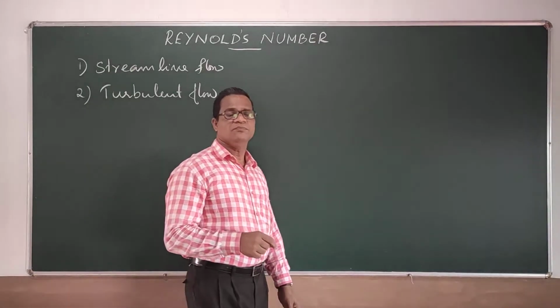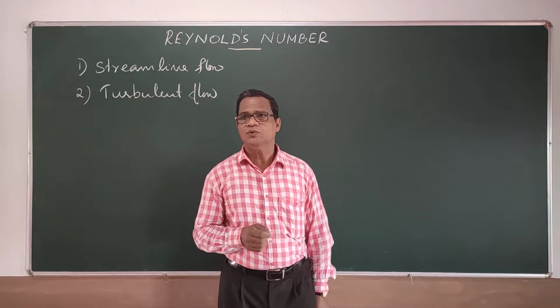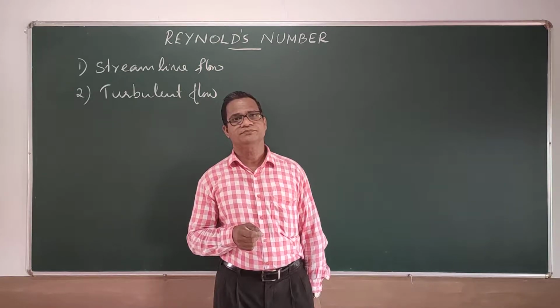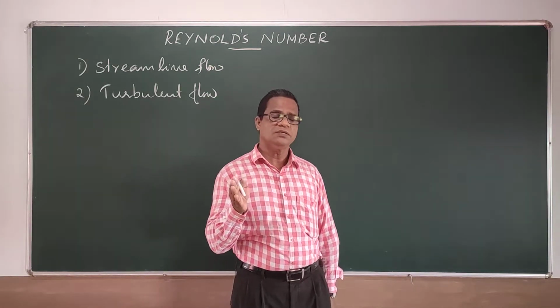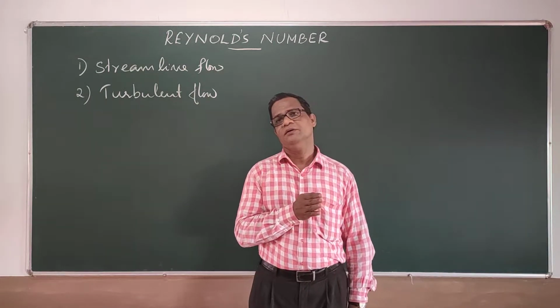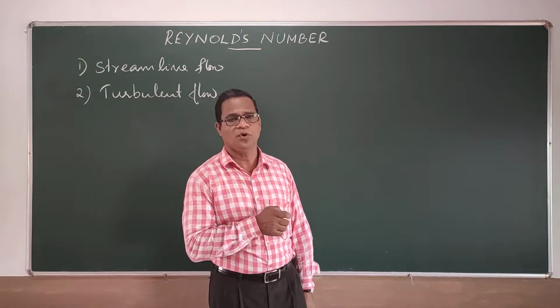Now, what is a streamline flow? A streamline flow is a steady flow in which the particle crossing through each point will have a definite velocity at that point.